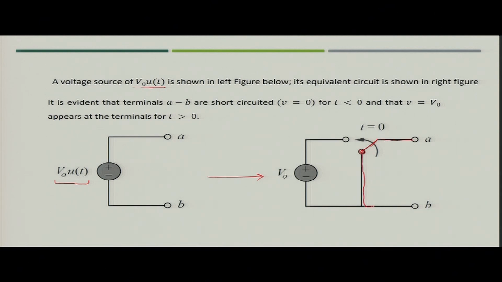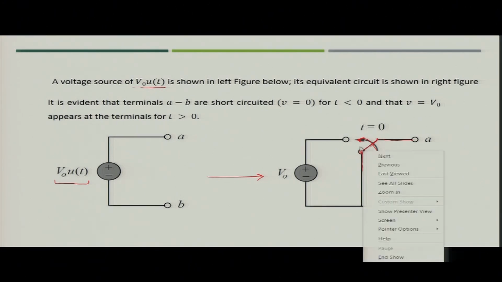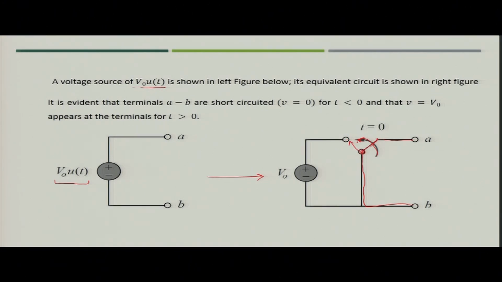So the circuit would be like this, and when at time t equal to 0 you move the switch from this terminal to this terminal, the updated circuit would be different. It will be forced to connect to this particular point, and your circuit would be like this. If you put this switch to this side, then after that switching event, the circuit will become this.